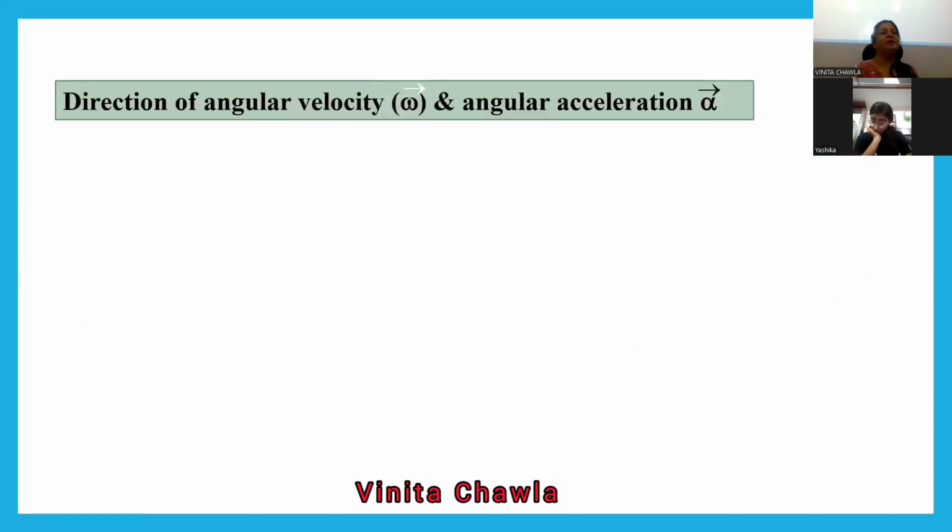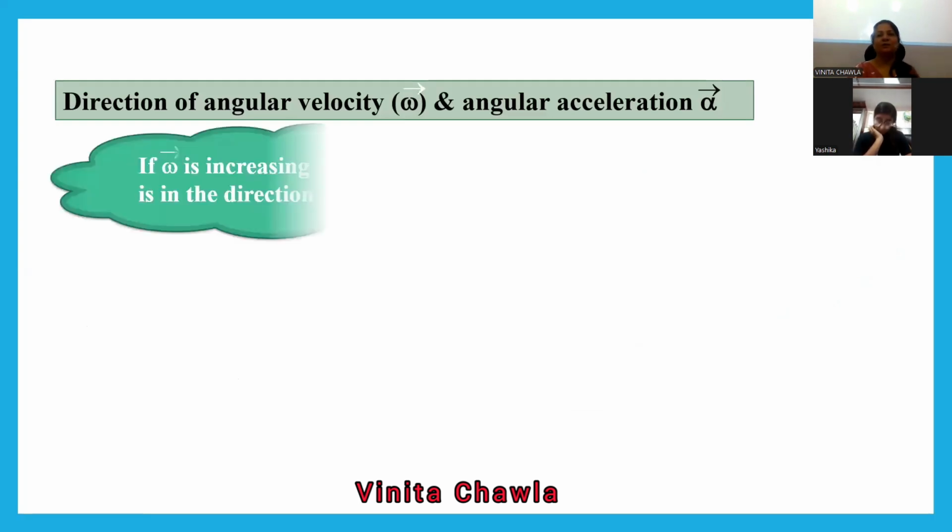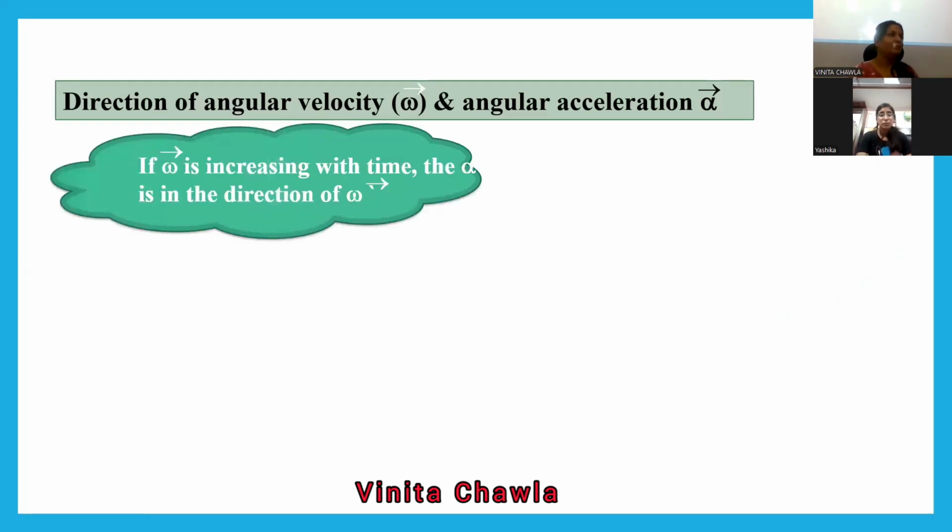Now, how do we measure the direction of angular velocity and the direction of angular acceleration? See, if omega is increasing with time, as we say that if velocity is increasing, then a is positive, और both are in the same direction. Here, if omega is increasing, then alpha is in the direction of omega. If angular velocity is increasing with time, then angular acceleration is in the direction of angular velocity.